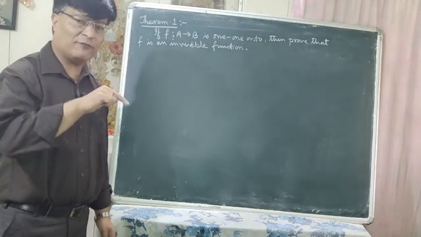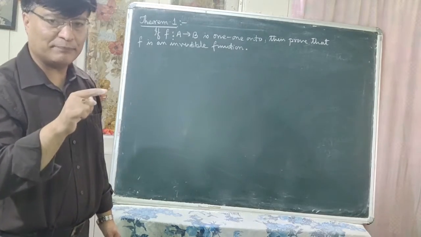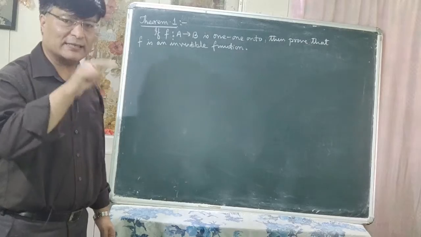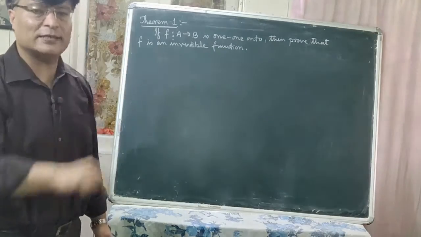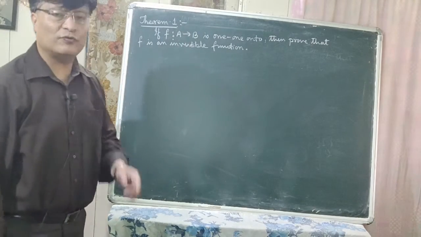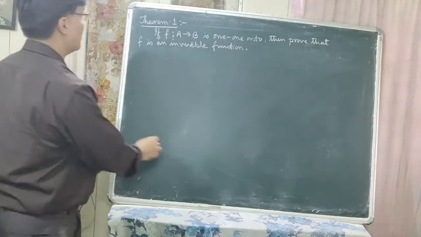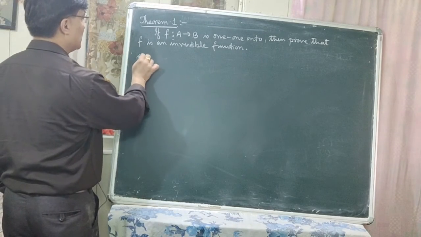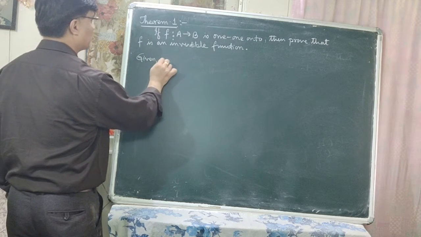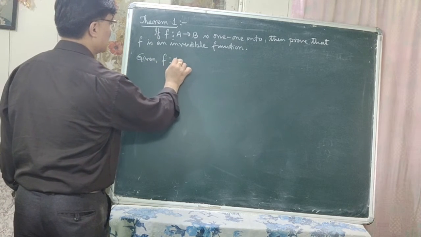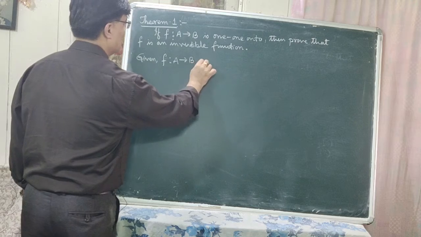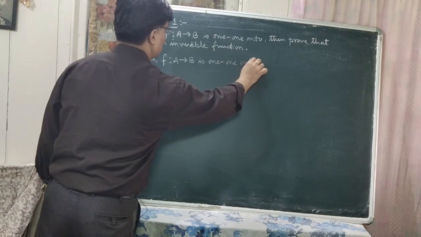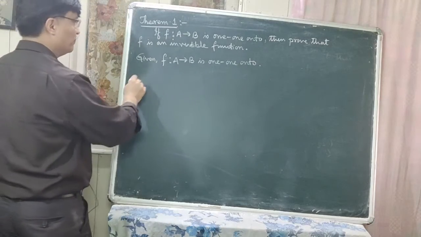That is, if y belongs to the set B, there exists x belongs to the set A such that f of x is equal to y. That is the definition of your onto function. Okay, so now let us do the solution and prove it. Given f such that A to B is 1-1 onto.